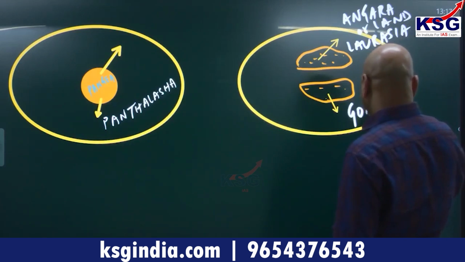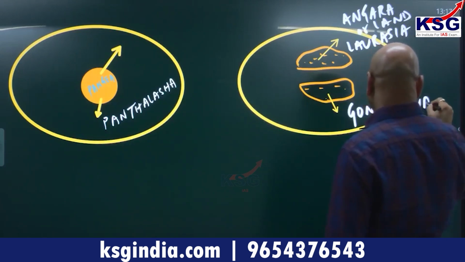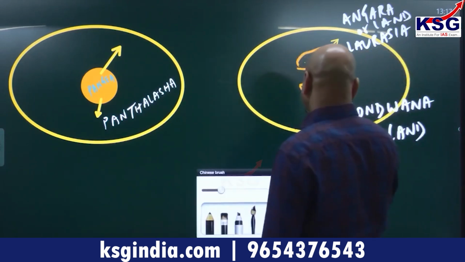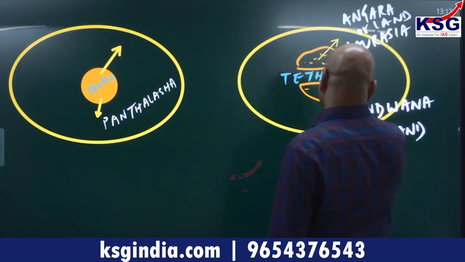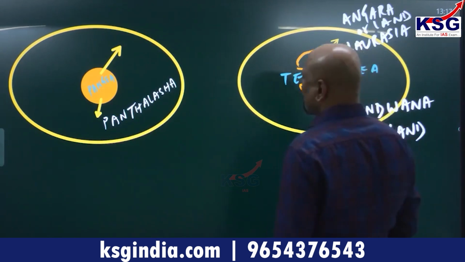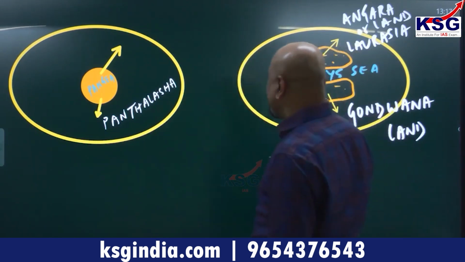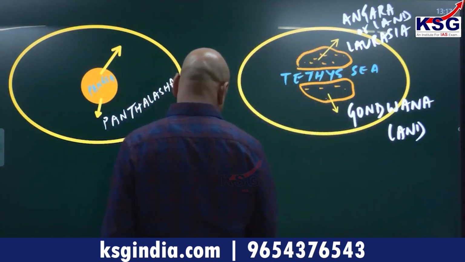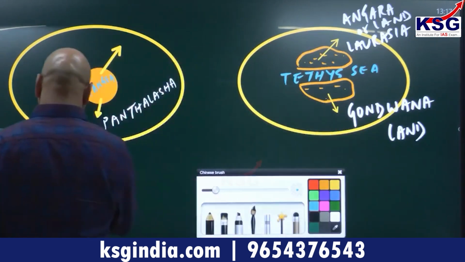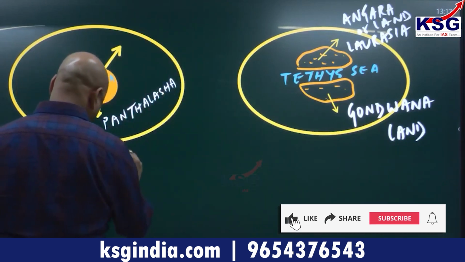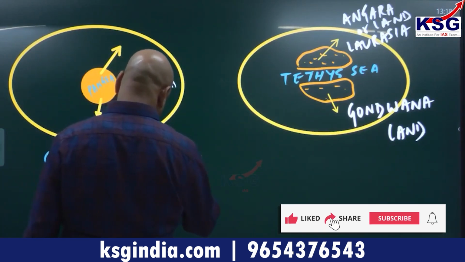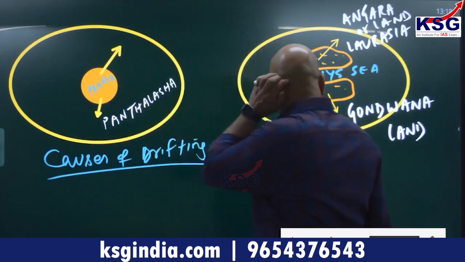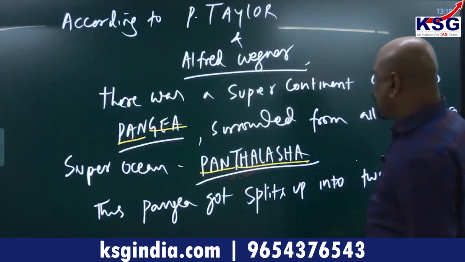Southward was Gondwana land. And in between them we have a water body known as Tethys Sea. Here we have the Tethys Sea. So they got divided due to forces, causes of drifting. He told a very interesting thing, particularly according to Alfred Wegener.